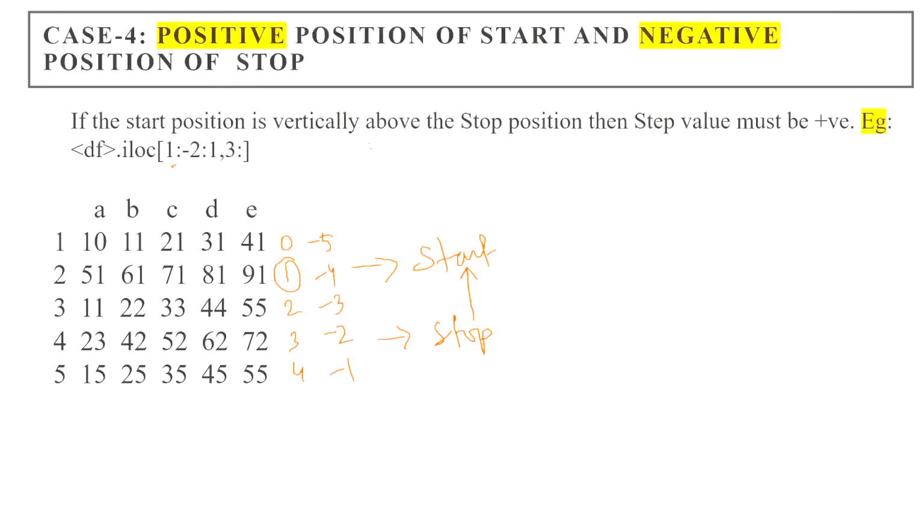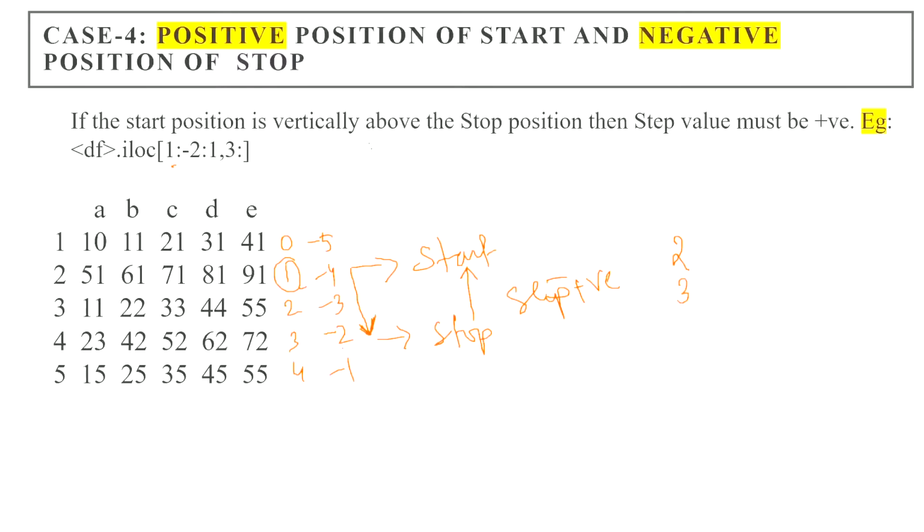So start is above the stop. In this case our step is negative, sorry, positive. This one is positive. Now see, we need to come from 1 to minus 2, right? 1 to minus 2 this way. So if we need to come this way, we need to add. Fine. So at 1 what we have? The index is at 2.